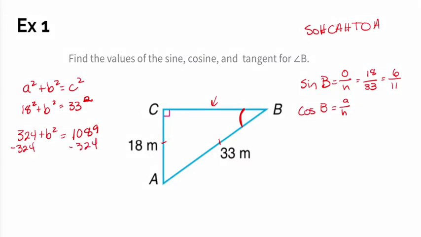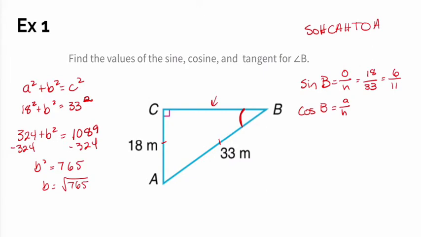So subtract 324 from both sides. We get that b squared equals 765. And b is going to be the square root of 765.